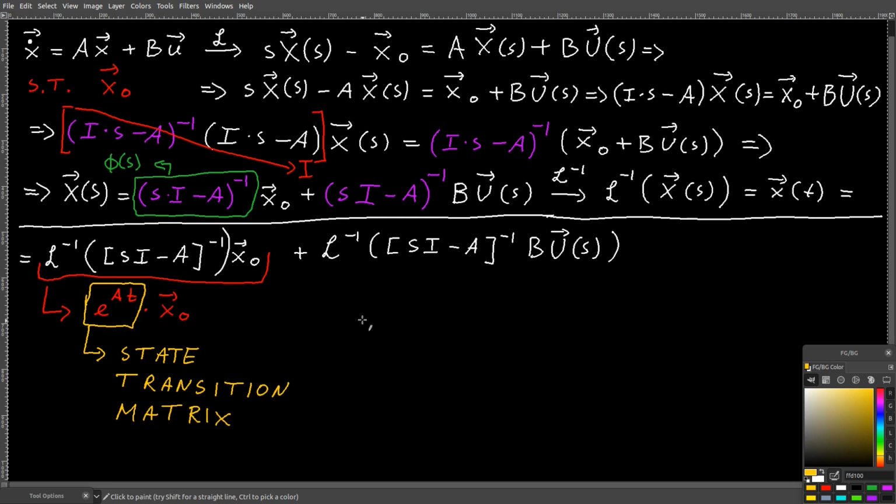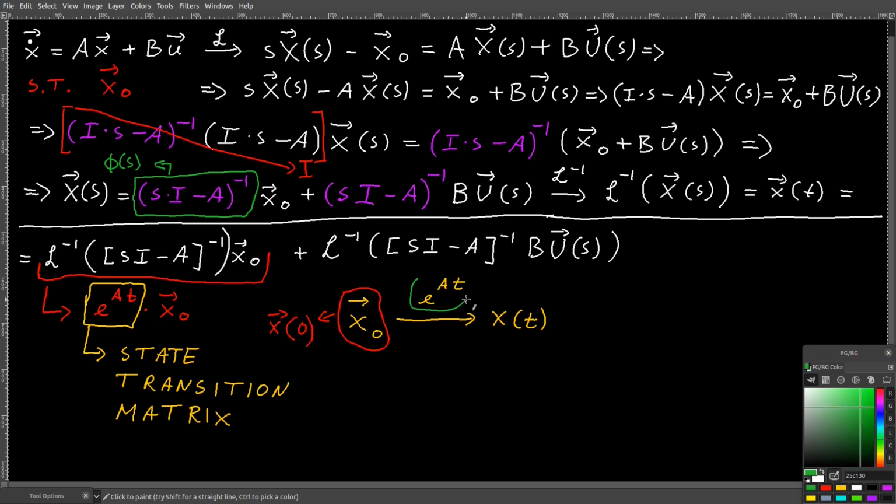This matrix maps the initial states of the system to the states at some other time. Remember that this vector is simply your state vector at time equals 0 seconds. Note that in the time domain, the elements of this matrix are also a function of time. So this is the first term.